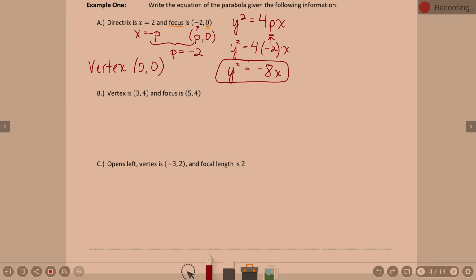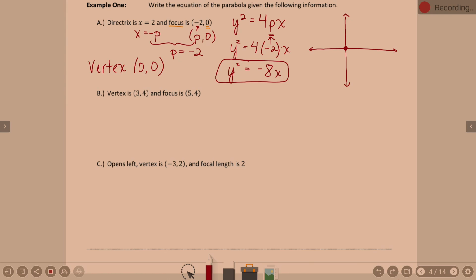Now, because I want us to try and make some connections, we didn't draw a picture to do this problem, but I want to sketch a picture here so you can start to understand how this all goes together. My vertex was where? It was at 0, 0, yes?